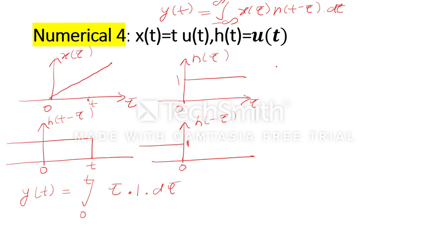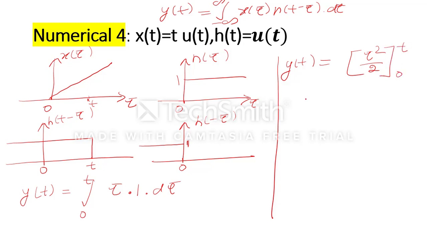So when I integrate it, the integration of tau will be tau square by 2, and limit is 0 to t. So 1 by 2 I can take common. When I put the limit, it will be t square, and because the overlapping area is present on the right side only, that's why I am going to write u(t). So this will be my final answer.